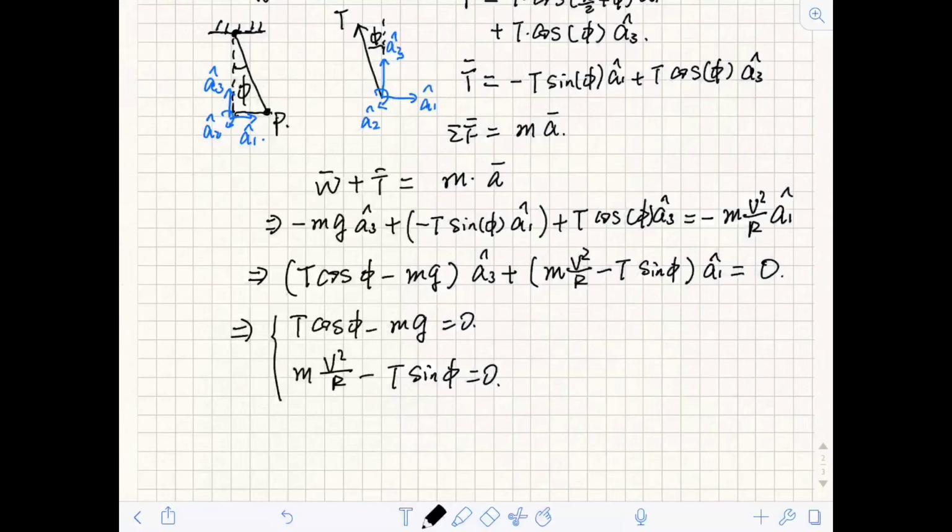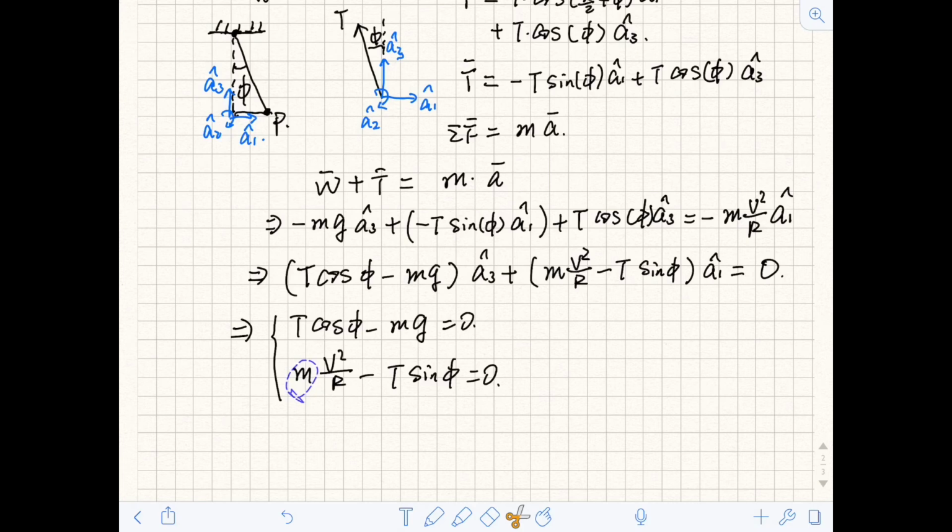So what do we do next? We know from the equation that m is a constant, that's the mass of the ball. g is a constant, that's gravity acceleration. We know v is already given, that's a constant. And r is a constant.